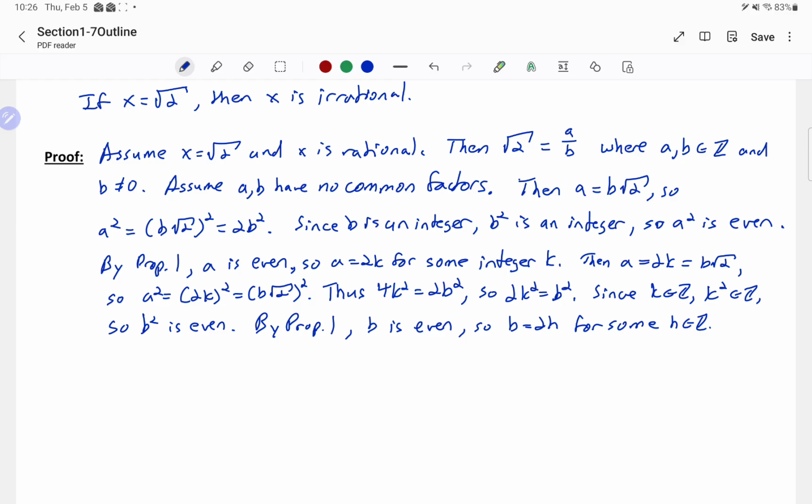But now, as Flair just said, a and b have a common factor. So we've reached our contradiction: a and b have a common factor of 2. So this is a contradiction, right? Because we assumed they didn't have one.